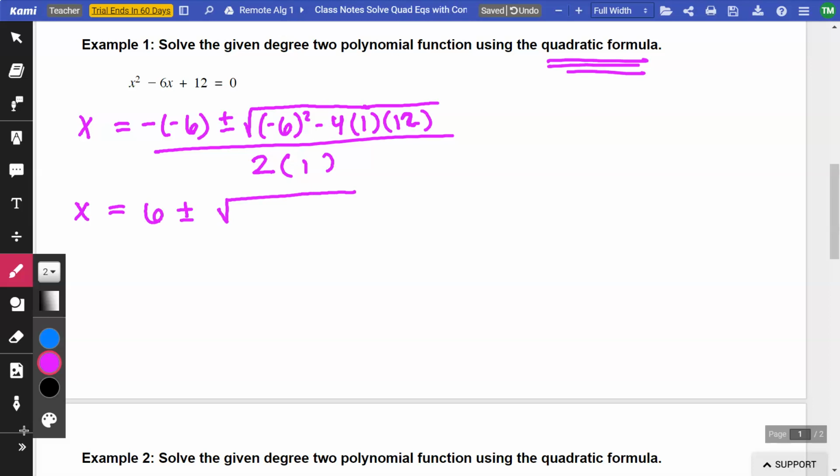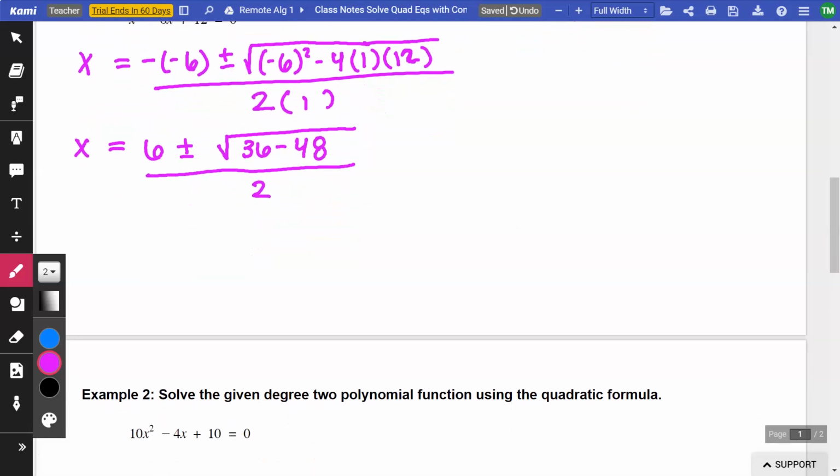Negative 6 squared is 36. Negative 4 times 1 is negative 4, times 12 is negative 48, all over 2 times 1, which is 2. So x is equal to 6 plus or minus the square root of 36 minus 48, which is negative 12, all over 2.